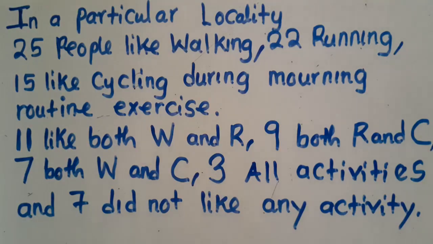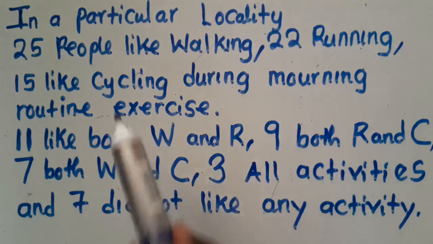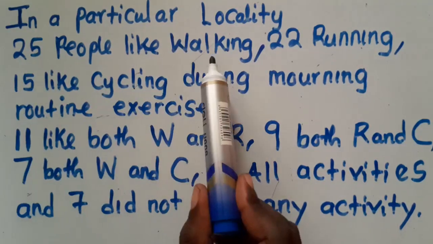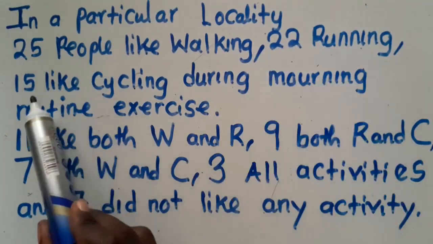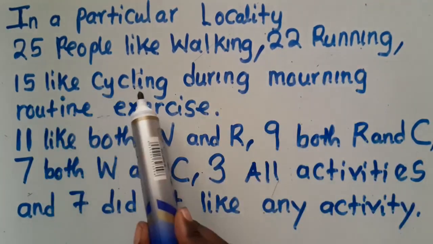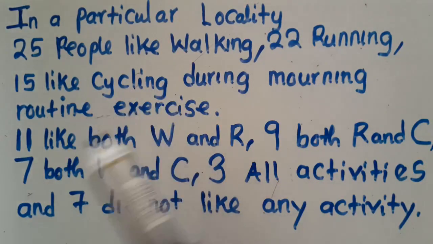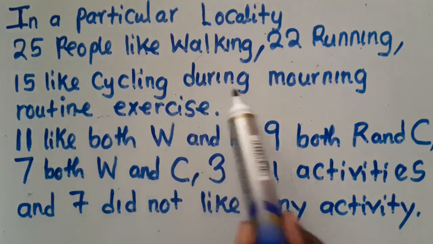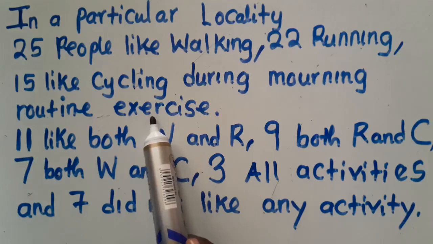So the question is saying, in a particular locality, in a particular place, 25 people like walking, 22 like running, 15 like cycling, maybe cycling a bicycle, during morning routine exercise.